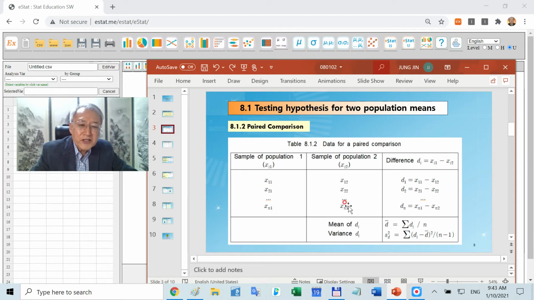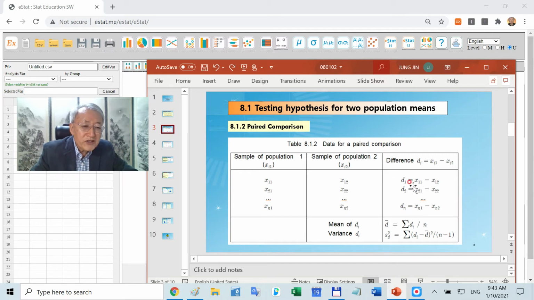Suppose you have a paired sample. Therefore, you are supposed to have the same number of samples. Then you collect just the differences. If the differences are close to zero, that means there is no difference, and we want to check that. How can you do that?